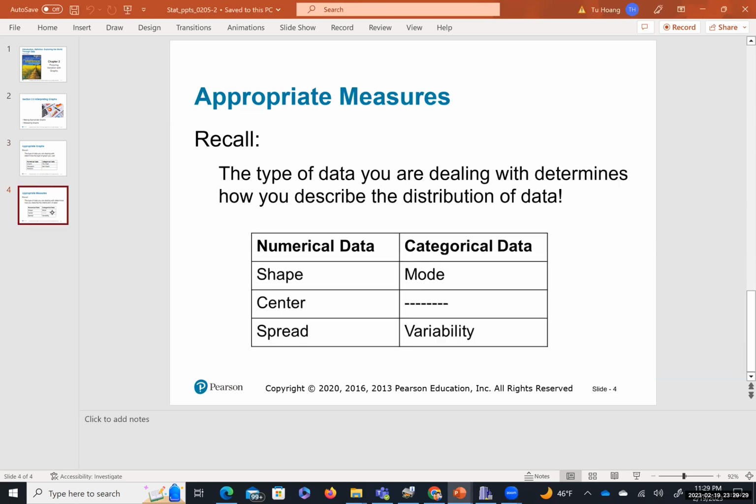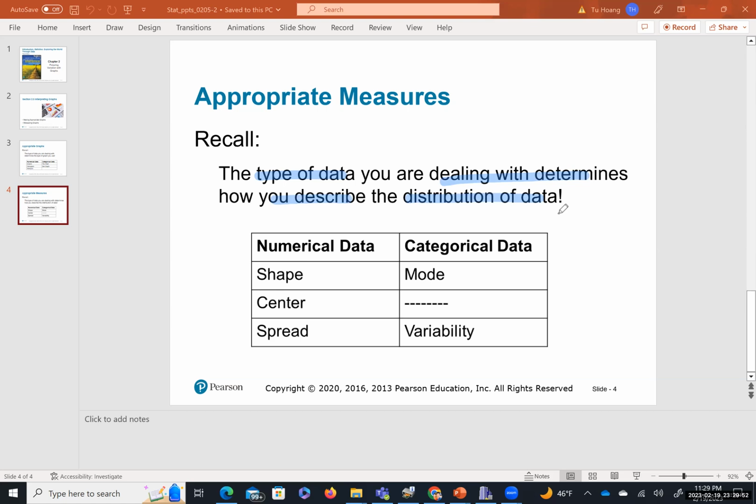And the last one is for appropriate measures. Keep in mind that the type of data you are dealing with determines how you describe the distribution of data, right?